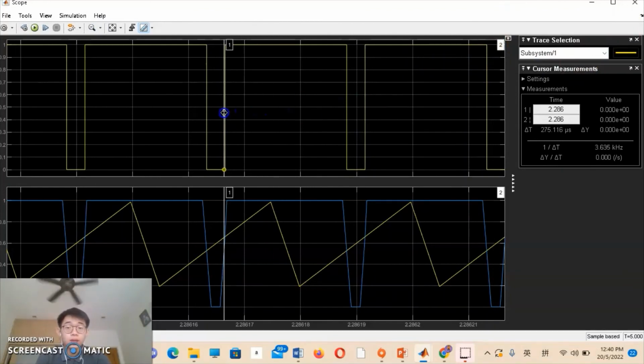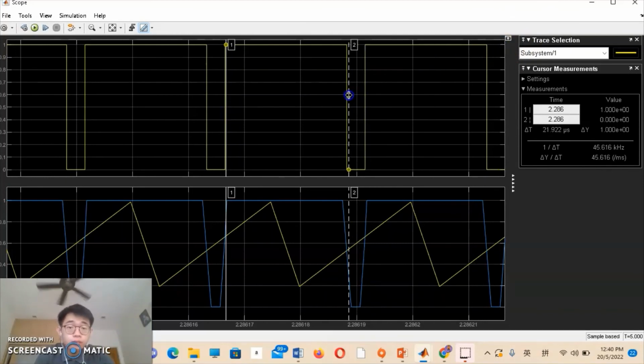The on time of the gate signal will be approximately 21.584 microseconds, and the period will be 24.8 microseconds.